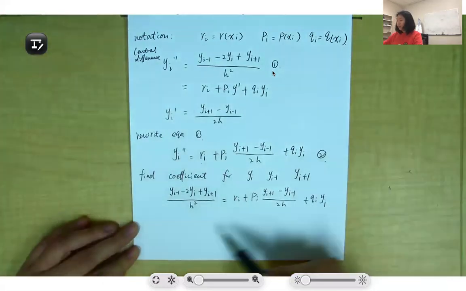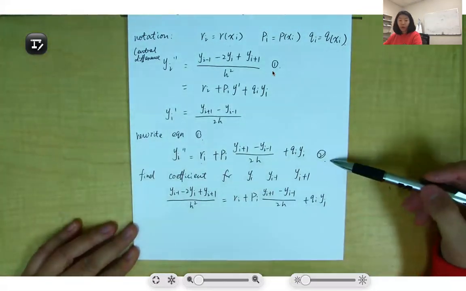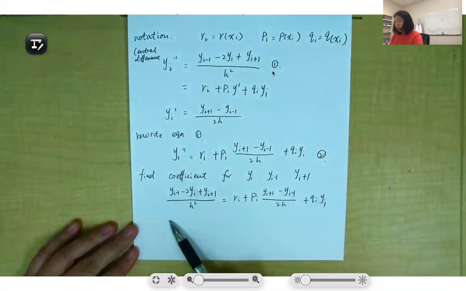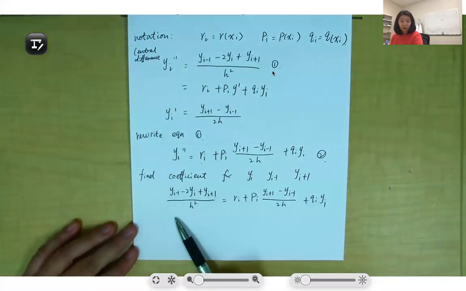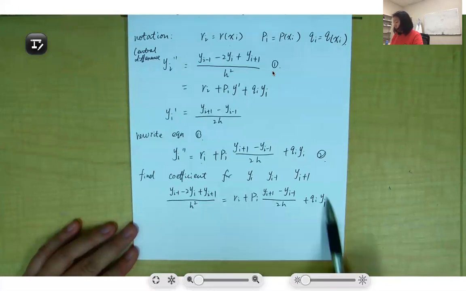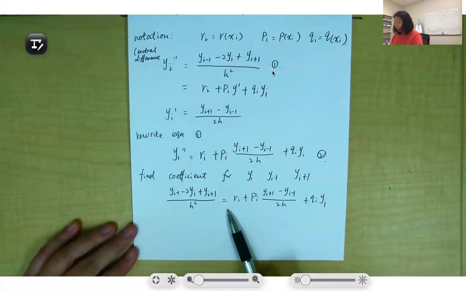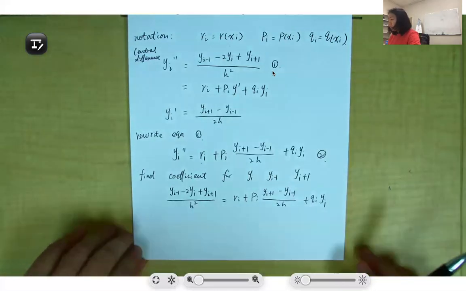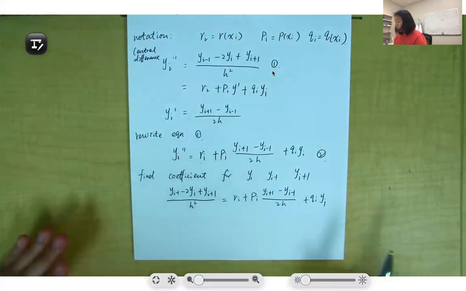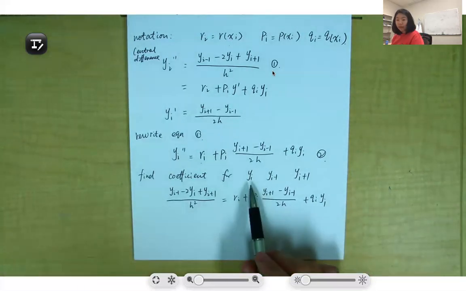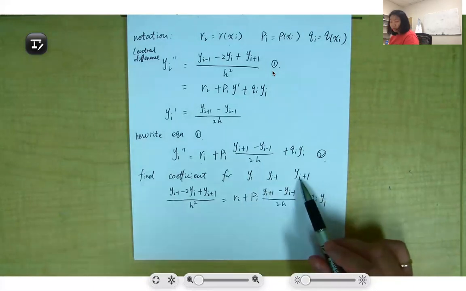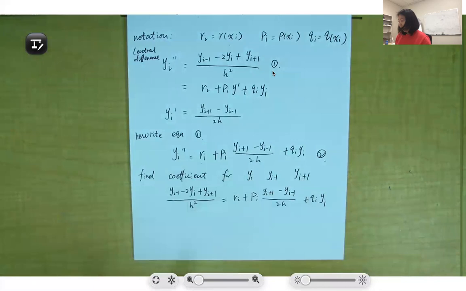So this is based on equation 1 and equation 2. You can write yi double prime in this form, which is the second order central difference representation of y double prime, which is also equal to the second order ODE using the central difference representation. Okay? And you can put all the yi minus 1 coefficients, all the yi coefficients, and all the yi plus 1 coefficients into the same term.